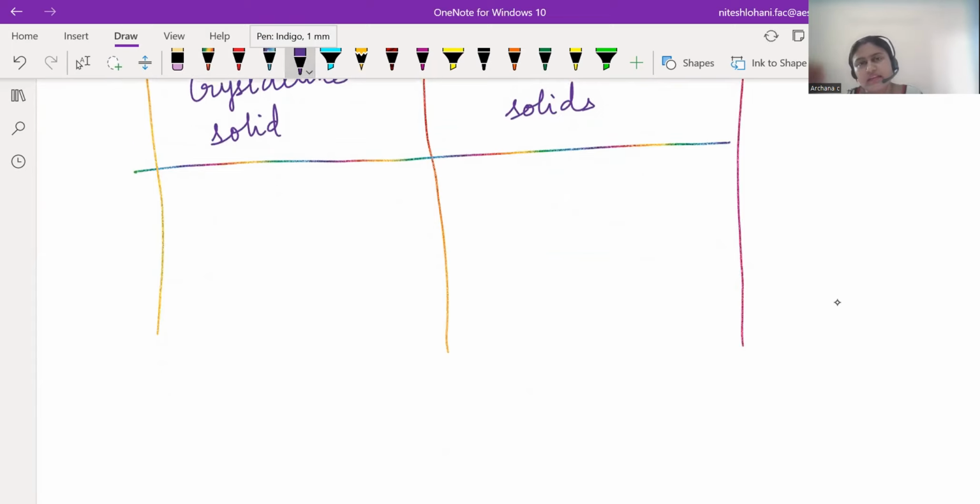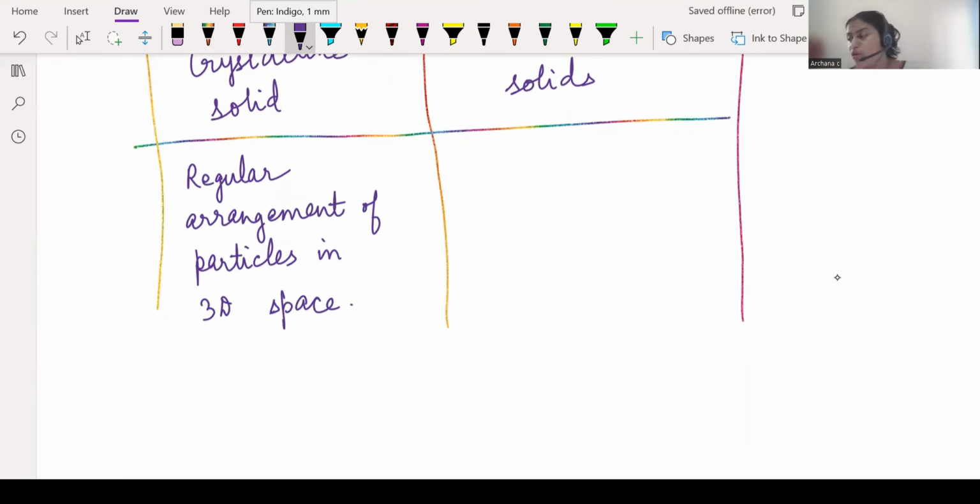Crystalline solids basically have a very definite shape because of the regular arrangement of particles in 3 dimension. Whereas the amorphous solid, they do not have a definite geometrical shape.